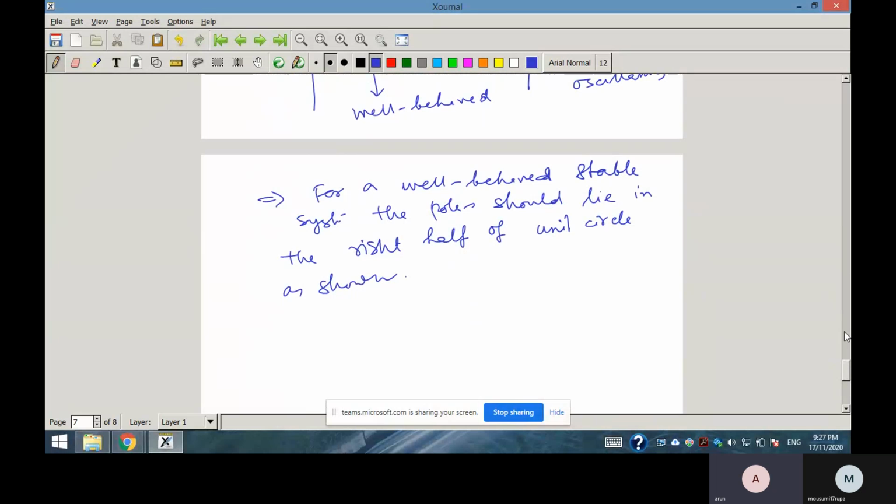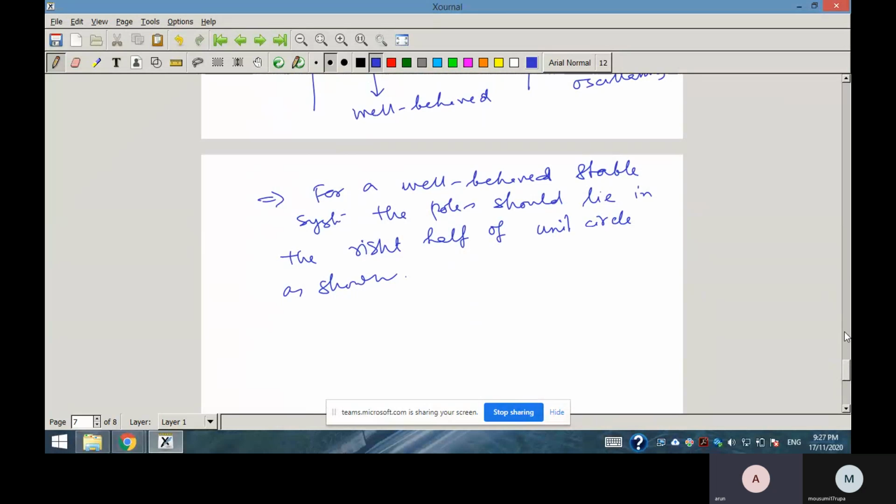fine. So now one interesting thing I will discuss: given a feedback system, now we consider a sampled data feedback system. How do you analyze stability?